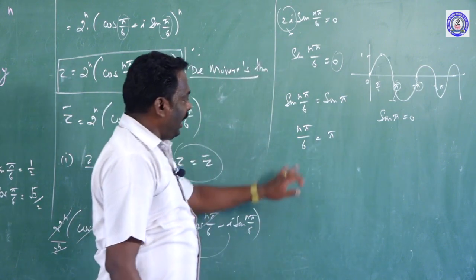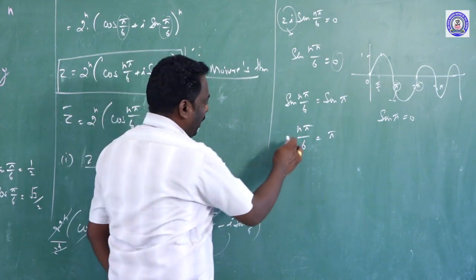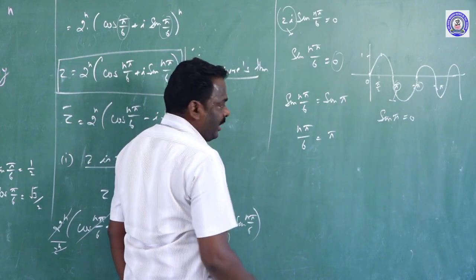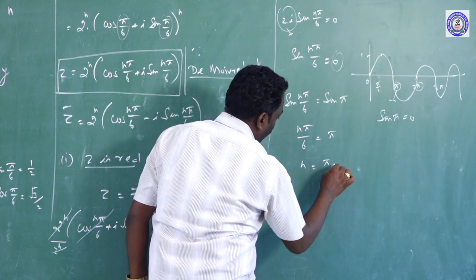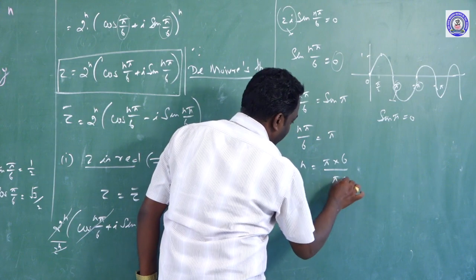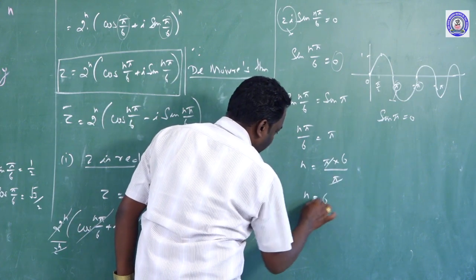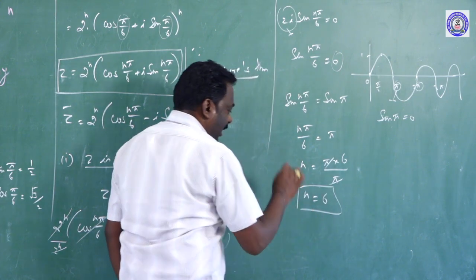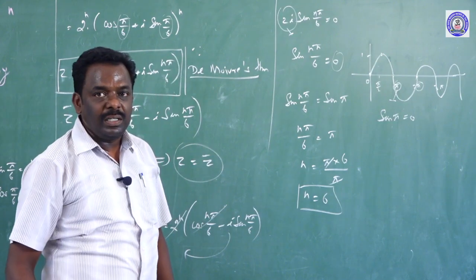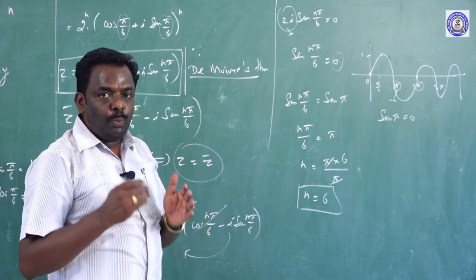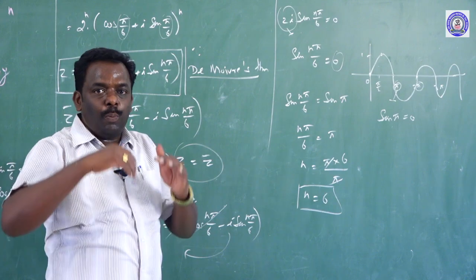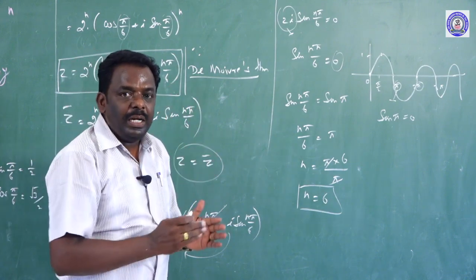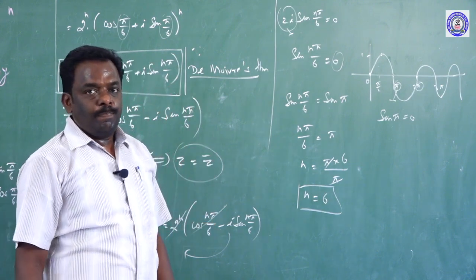We want to find n, a positive number. Just keep n, and transfer the remaining to the right hand side: n is equal to pi into 6 by pi. Both pi's cancel, n equals 6. Therefore, if n equals 6, the given complex number, root 3 plus i, whole power 6, is purely real.